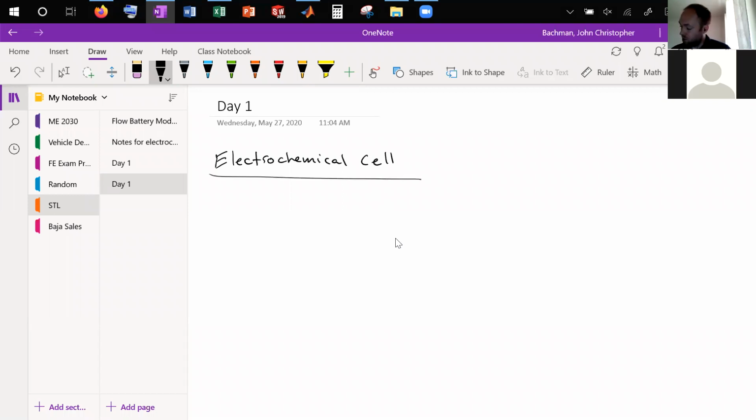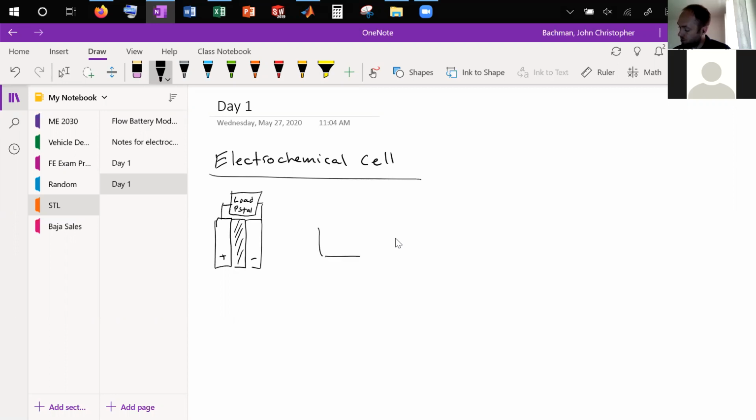Right, and so for us battery folks, this typically looks like you have two electrodes, positive and negative, and they'll be connected up to a load or a potentiostat, right? That'll connect the two electrodes.